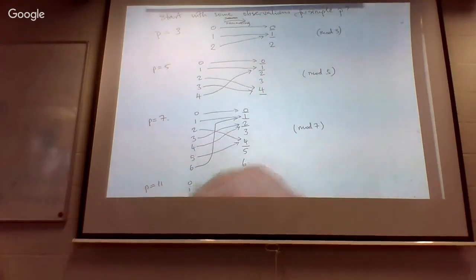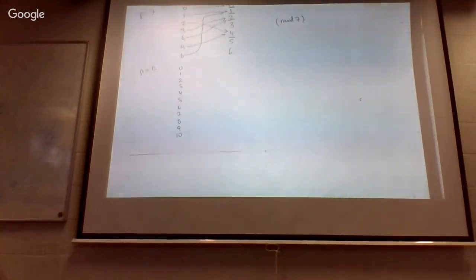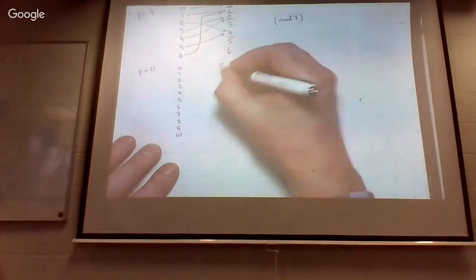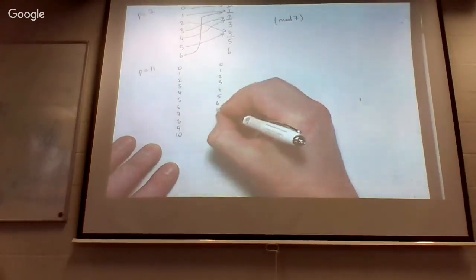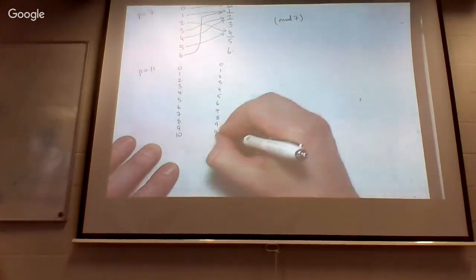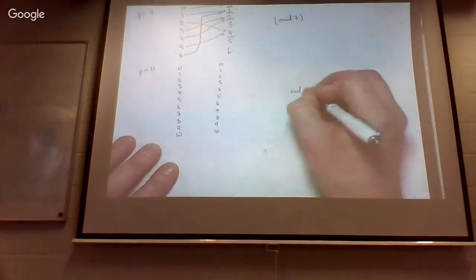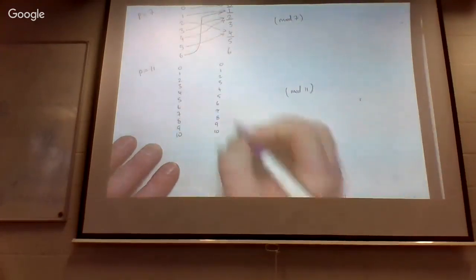We see 0, 1, 2, 3, 4, 5, 6, 7, 8, 9, 10. And you look at where these all go, going modulo 11. It shouldn't be too hard to do.